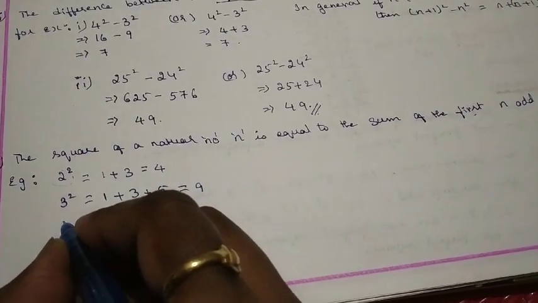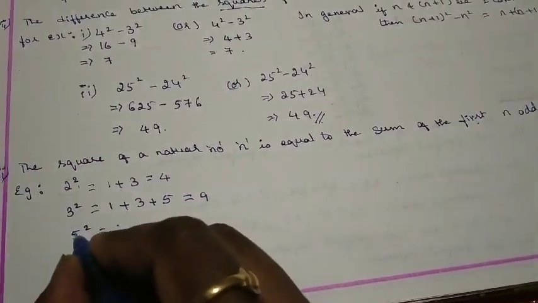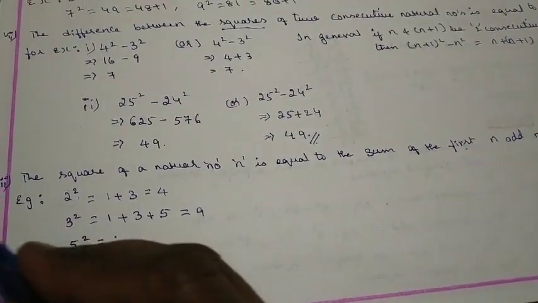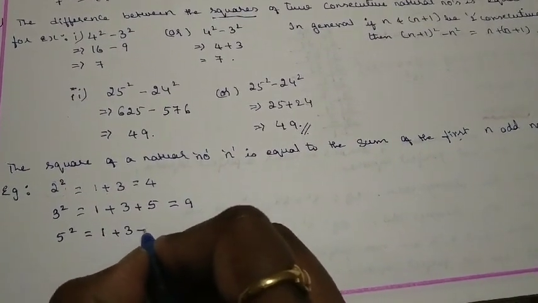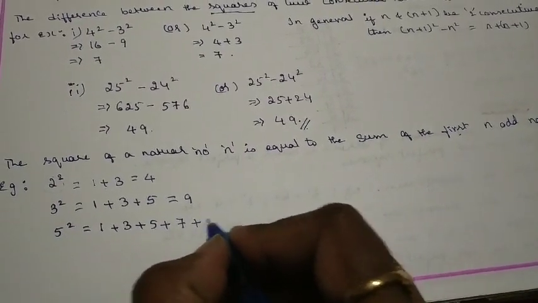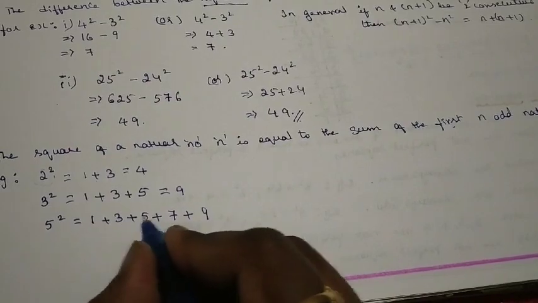Let me take another example, 5 square. Since I have taken 5, I have to take 5 odd numbers. What kind of odd numbers? The first odd numbers: 1 plus 3 plus 5 plus the next odd number 7 plus the next odd number 9. How many odd numbers have you taken? 1, 2, 3, 4, 5.